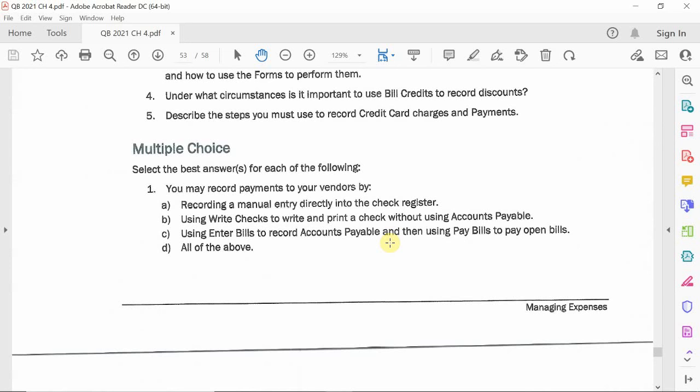Because I taught you 3 ways to enter in a way to pay your vendor. A says by recording a manual entry directly into their check register. That's the very first thing I showed you. Second one was to use the write checks window to write a check and print a check without using accounts payable. And of course, you can enter in a bill, which again creates an accounts payable, and then use the bill payment to reduce the accounts payable. So yes, D is the correct answer.